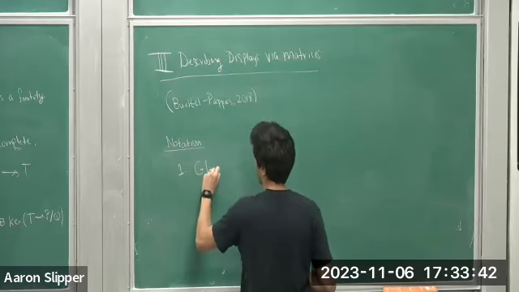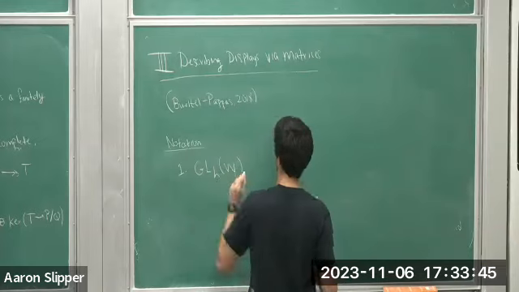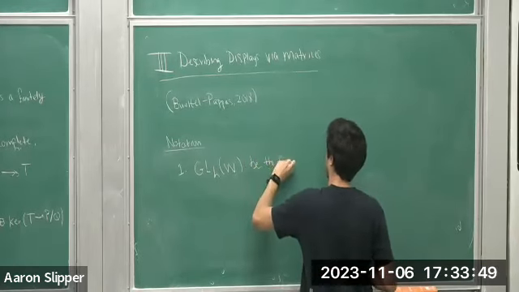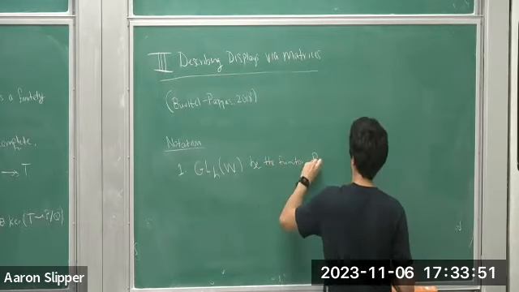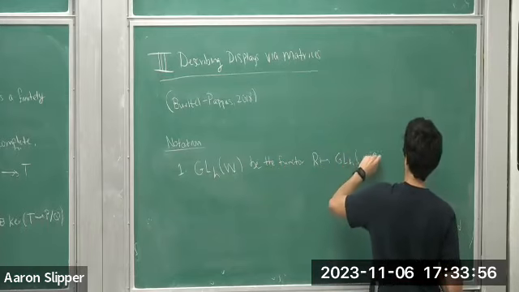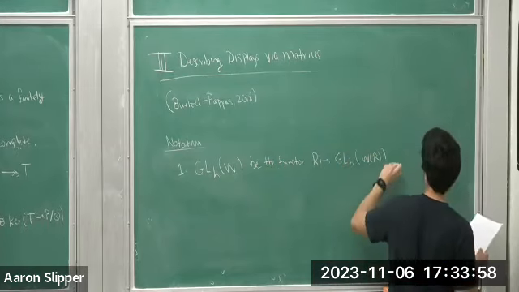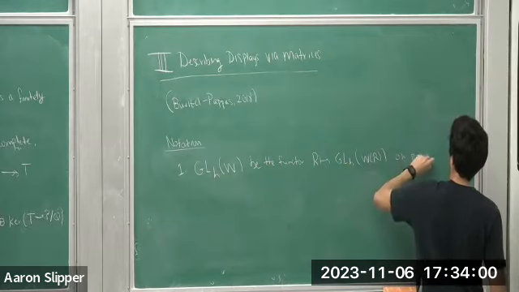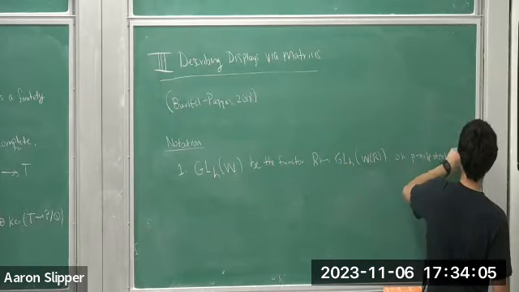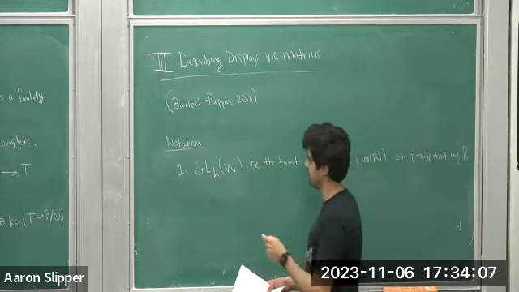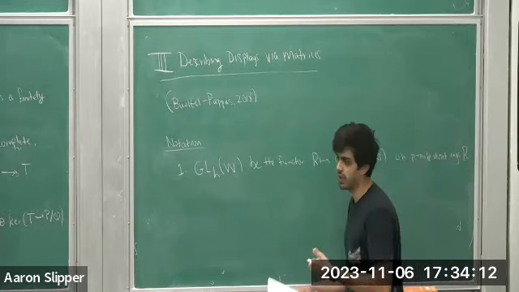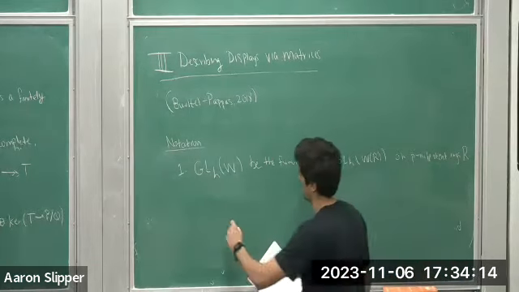GL_H(W) is the functor that sends R to GL_H(W(R)), from p-nilpotent rings, and it's represented by an affine group scheme over F_p.